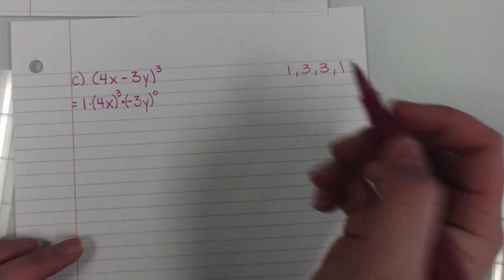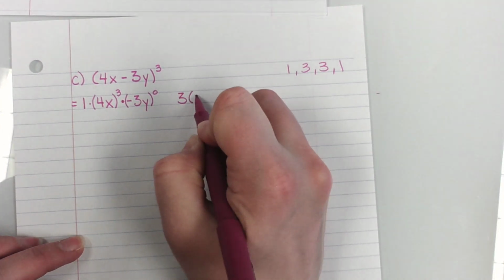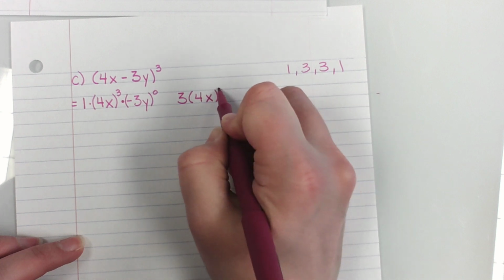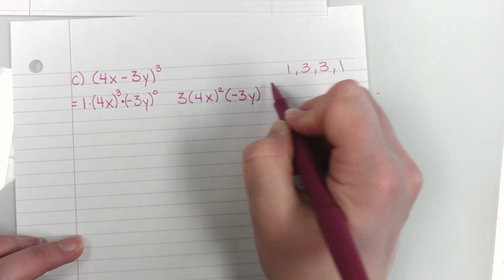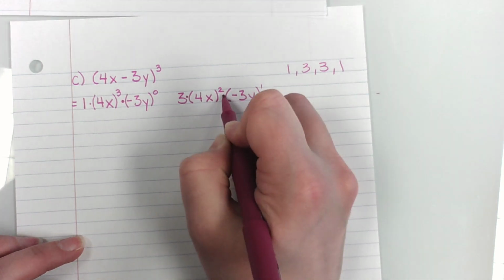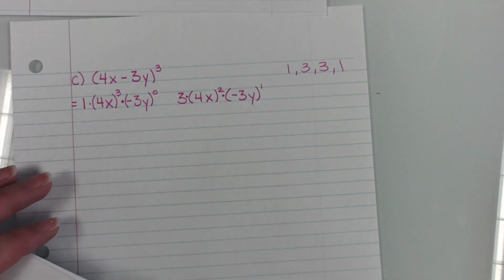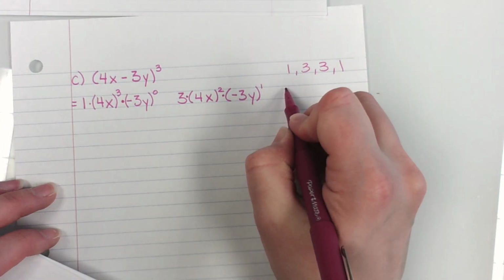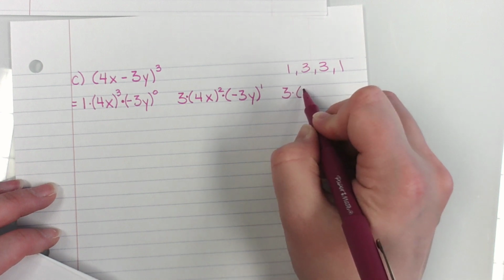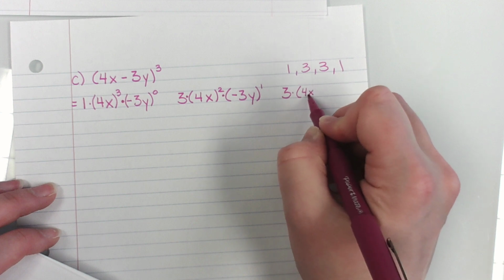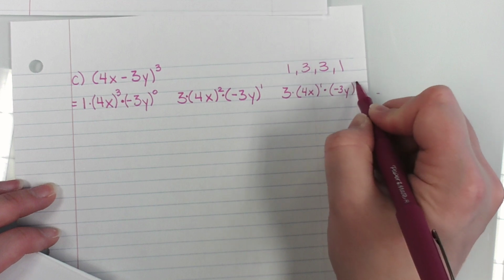Isabella, what about the second term? 3 times parentheses 4x parentheses to the power of 2 times parentheses negative 3y parentheses to the power of 1. Addie, next term. 3 times the quantity of 4 to the first power times the... Don't forget to put your variables.